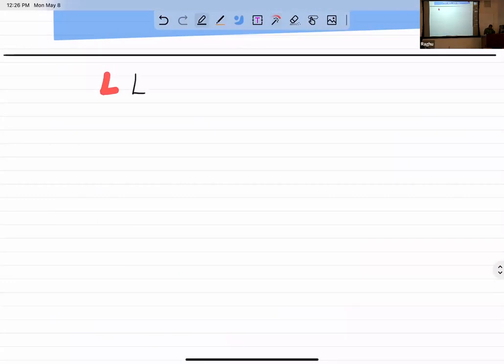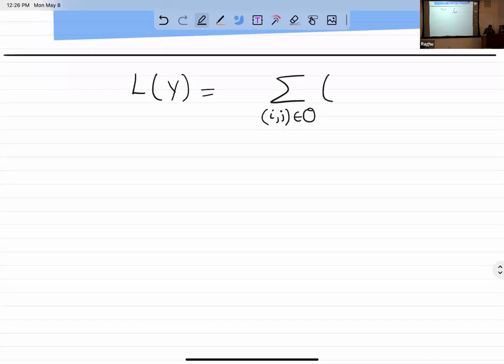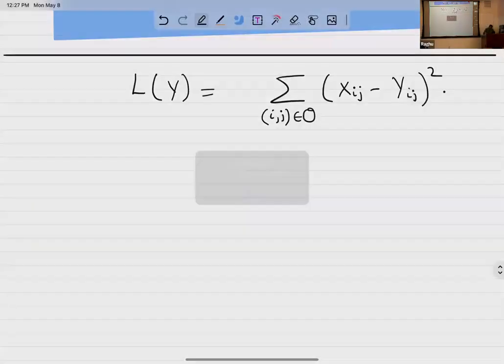Let me define L of Y as: look at all of the observed entries and the error that I get. I just wrote down the objective function as a loss function. And what is our goal?